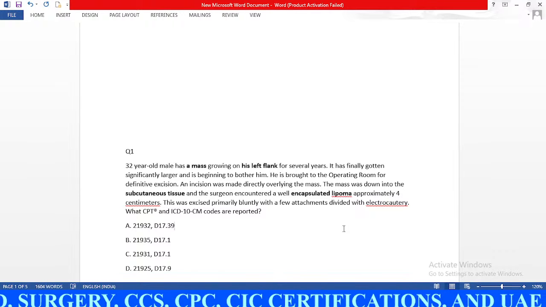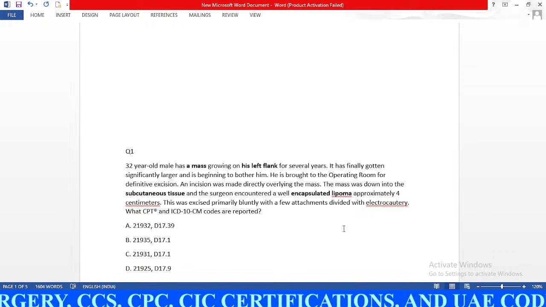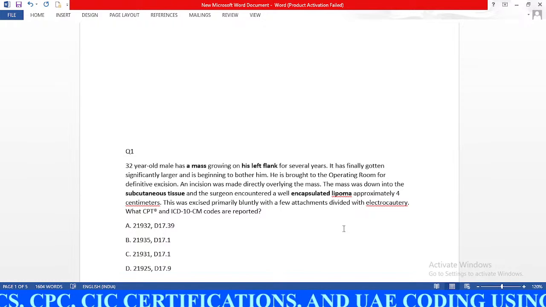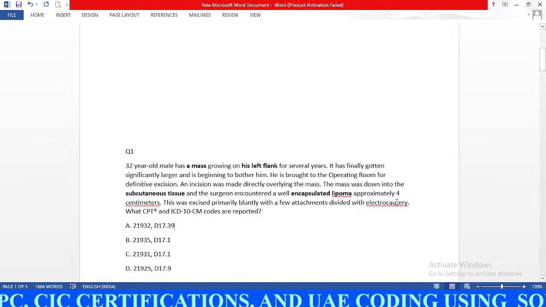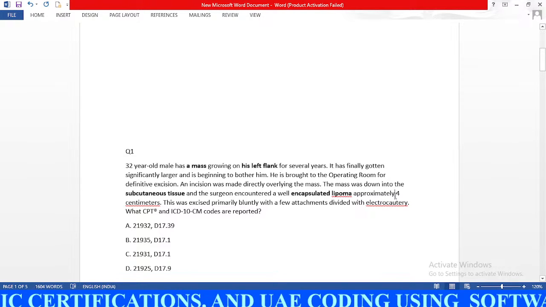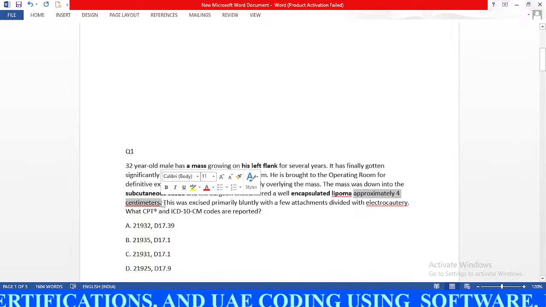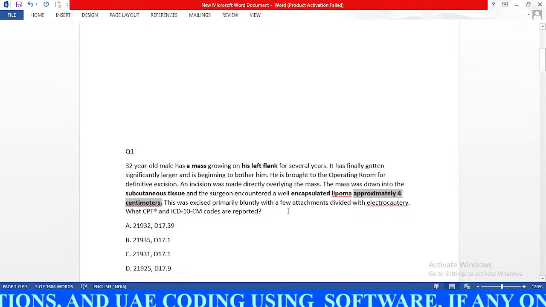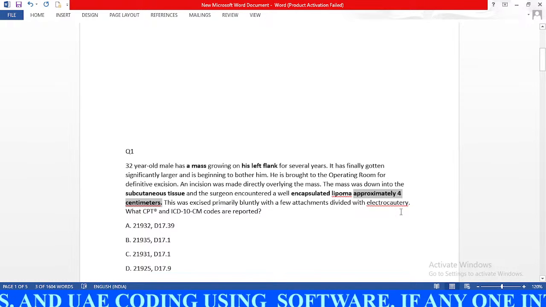Usually they occur in the subcutaneous tissues or sometimes at muscle level. The dimension is also very important, 4 centimeters. This was excised primarily bluntly with a few attachments divided with electrocautery.